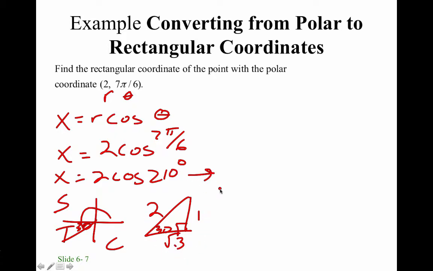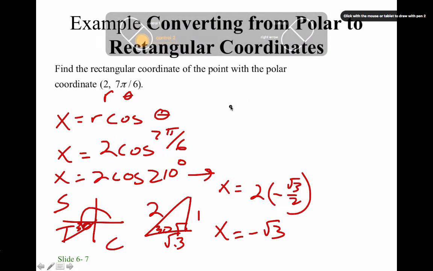So I'm going to have x is equal to 2 times negative square root 3 over 2. This comes back to chapter 4 and chapter 3, and then my answer is negative square root 3, because I've got 2 times that negative square root 3 over 2.